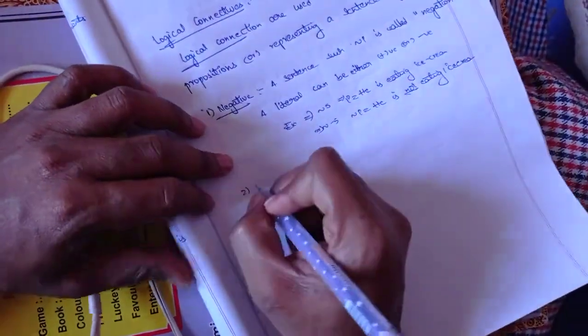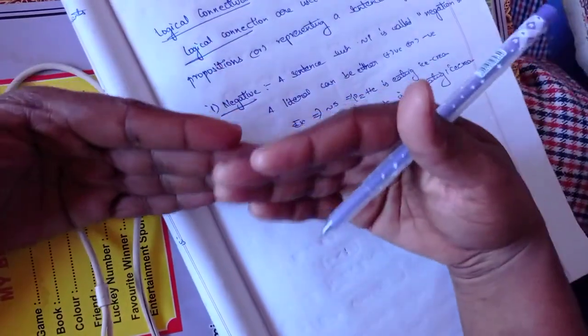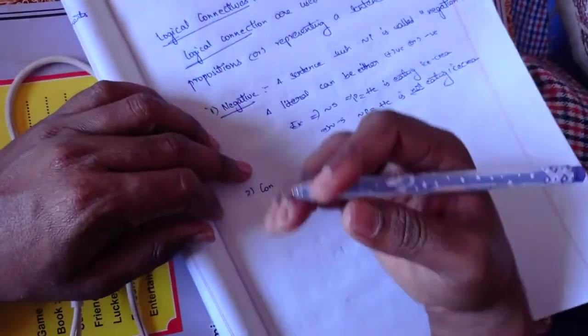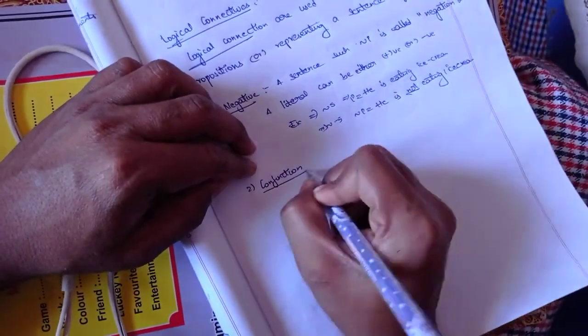Coming to the next one, that is conjunction. Conjunction in our words is nothing but "and". We join two statements using an "and" conjunction. What is a conjunction?